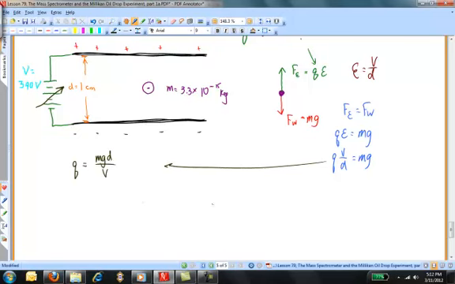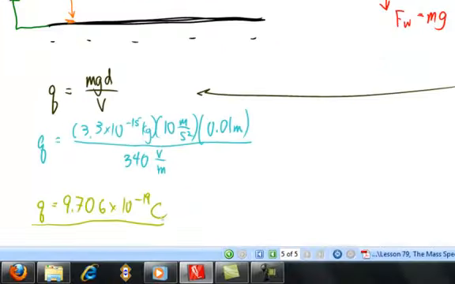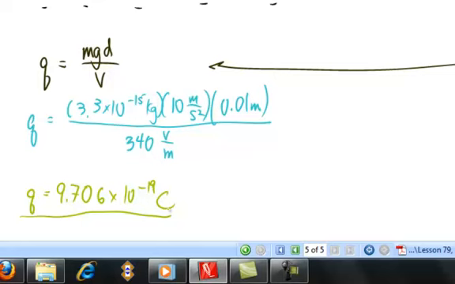And now let's put in the numbers. Let's substitute these numbers into our calculator. I find that the charge on the drop is 9.71 times 10 to the minus 19 coulombs. If you're not sure about the units, then you can work these units out and you'll see that the charge is going to be in coulombs.